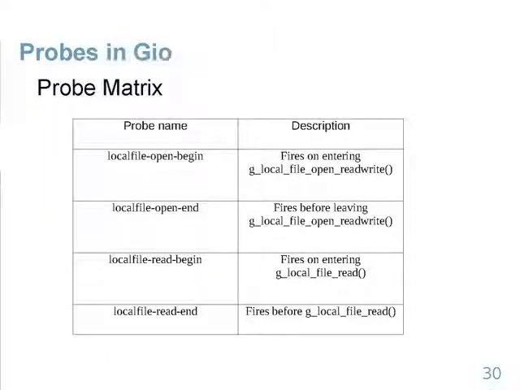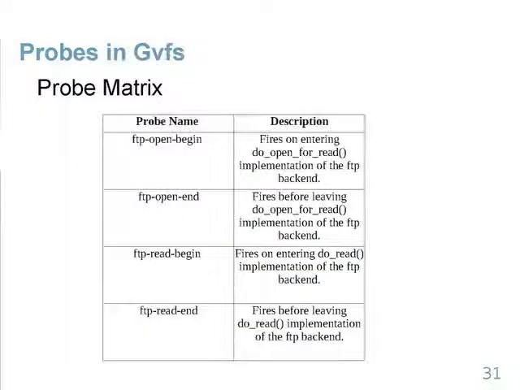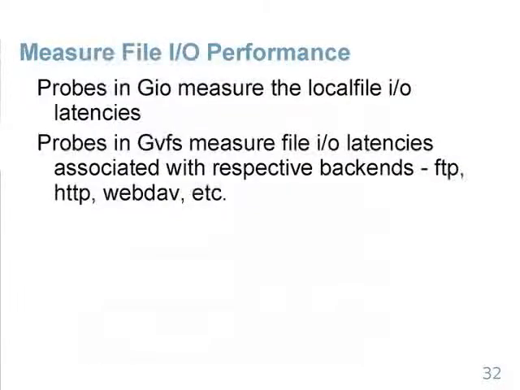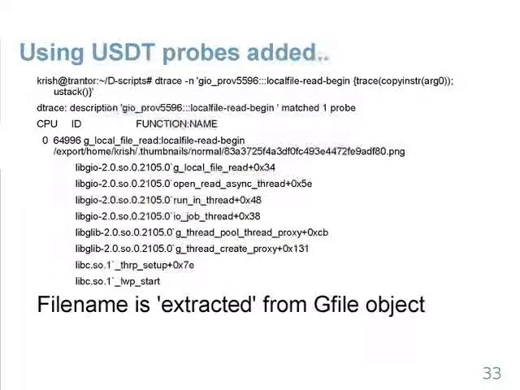So this is for the FTP backend. It's equivalent to the local file one. They help in measuring the time spent in the read function. Through this, arg0 gives you the file name. This is when Nautilus tries to read all the thumbnail information. The file name is got from the GFile object.